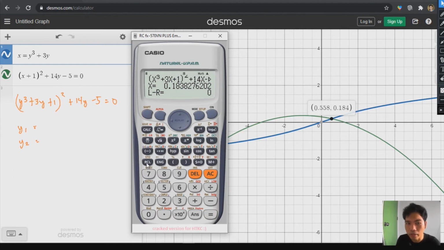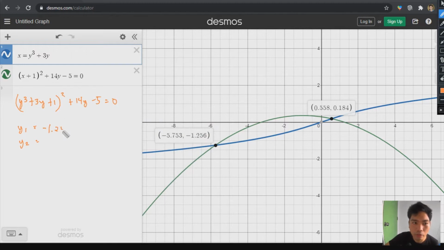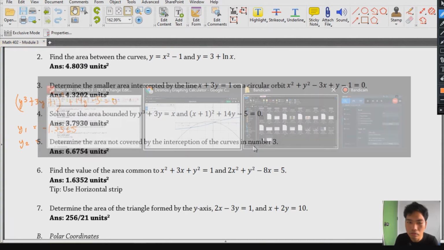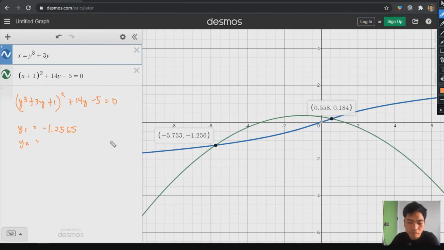Okay, so 0.183827. We have now stored the two necessary values that we will use later. Let's write them here: negative 1.2565, and the other one is 0.1838. Okay?